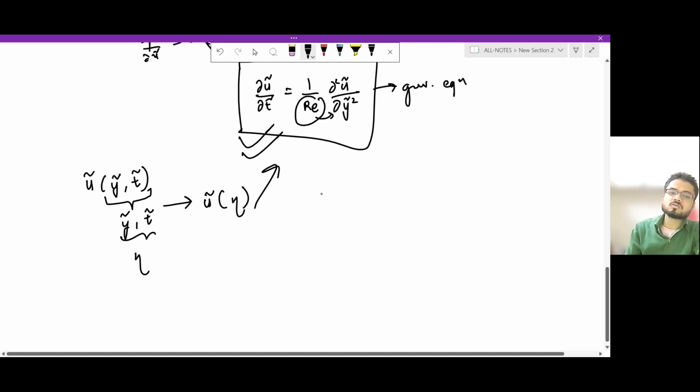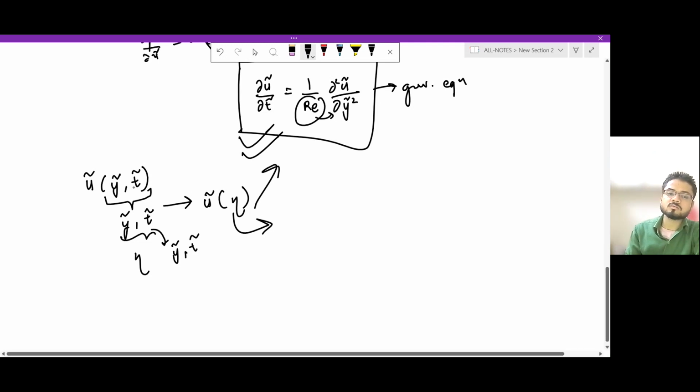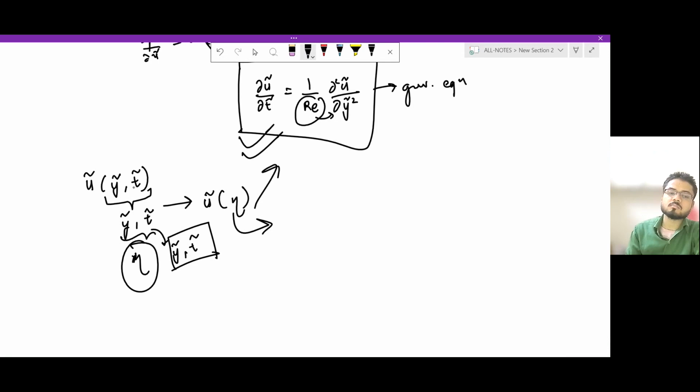Now for that, once you want to combine both of these, first let us try a combination. We need to unlock the dimensions first. If we want to try a combination between y tilde and t tilde, they're already dimensionless, so there is no need to convert them into a specific combination that is dimensional.